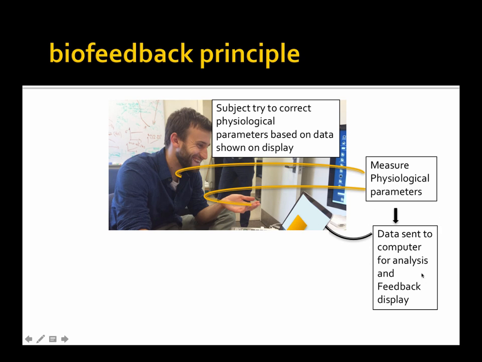The data needs to be sent to a computer, do some analysis, extract some information, and that's what we display back to the subject. It would be a similar idea if you write a paper, someone reads it and tells you how it is going, and you make some changes and send another loop. The same will happen, but you will need to try to modify some biological signal.